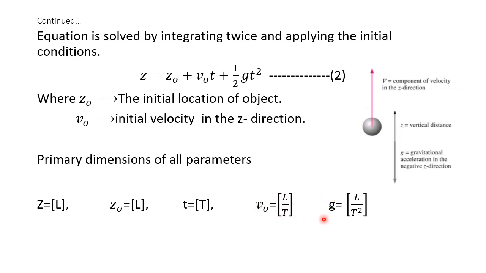G is acceleration due to gravity, the unit is meter per second square, so meter's dimension is length and second square's dimension is t square. Okay, so now if you observe here, we have 2 primary dimensions. We do not have mass, we have only length and time, so keep this in mind.